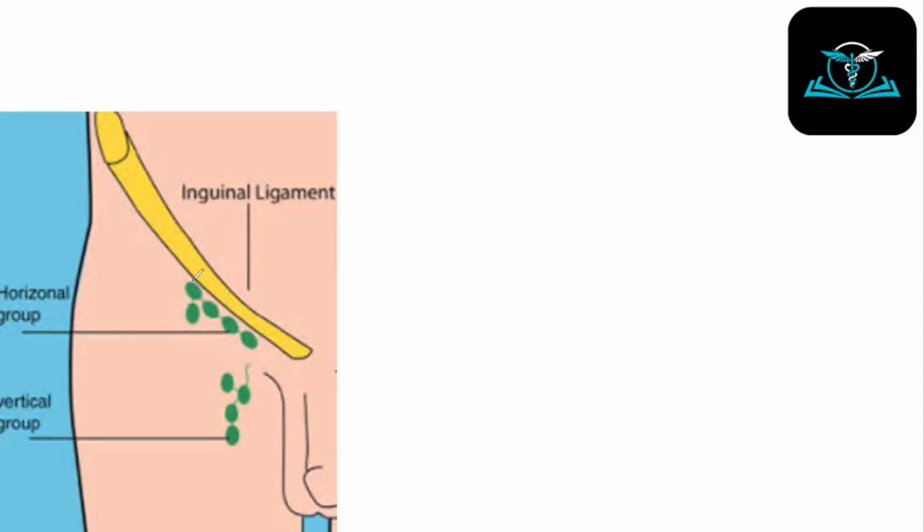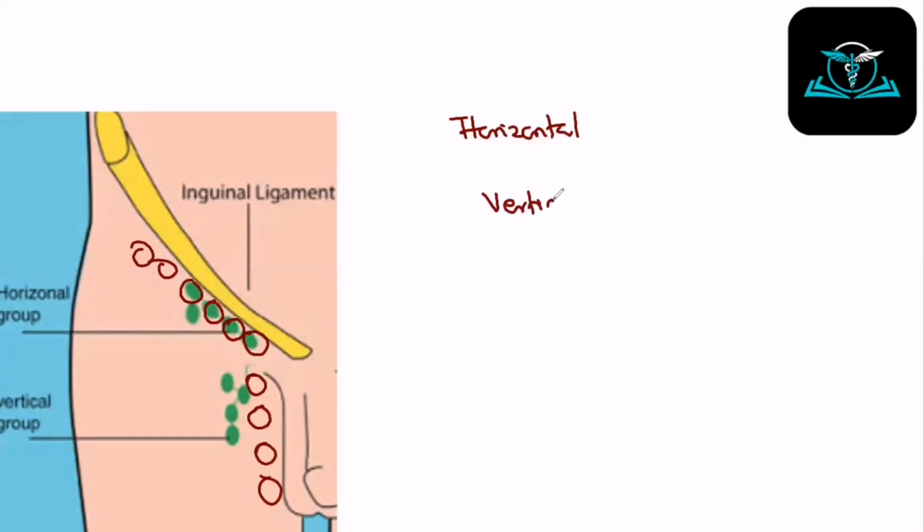We have the horizontal group, like that, and then the vertical group of lymph nodes. So the inguinal lymph nodes are made up of the horizontal group of lymph nodes and the vertical group of lymph nodes.